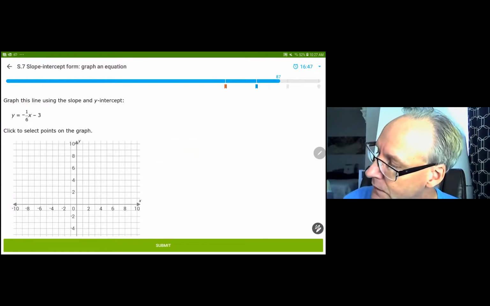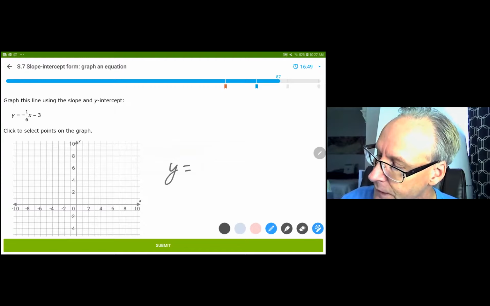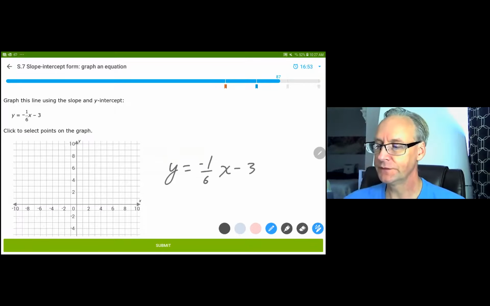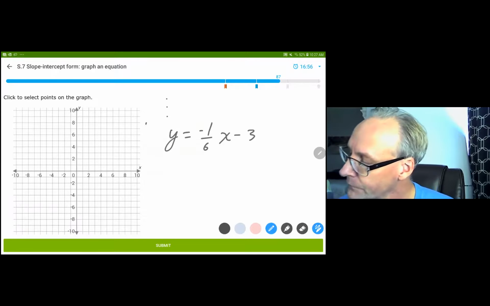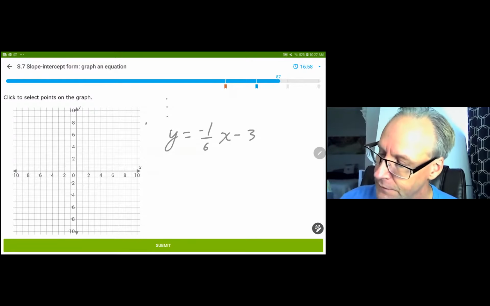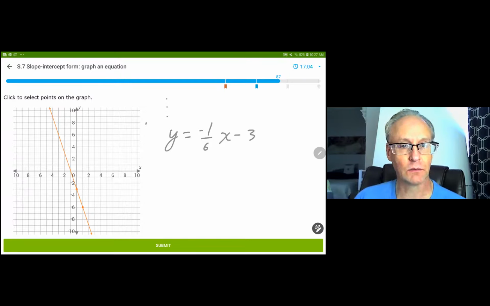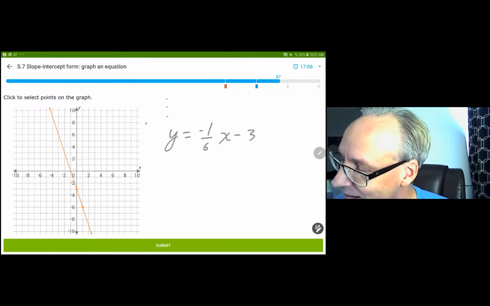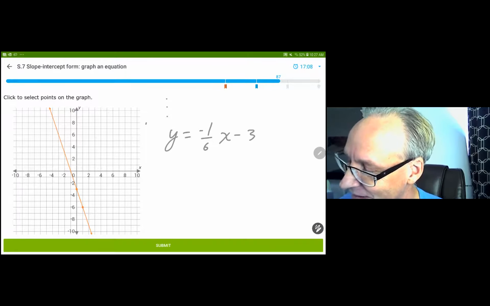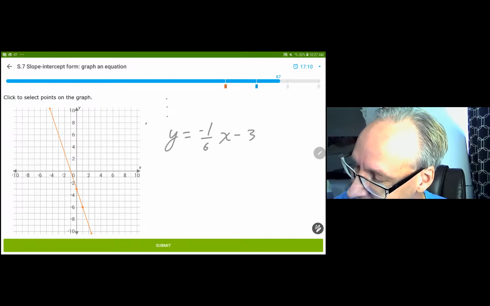This time we have y equals negative 1 over 6x minus 3. So I'm going to go through 0, negative 3. 0, negative 3 is there, and then I'm going to go down 3 and over 1, and I'm done. That's all there is to it. Oh, sorry. Go down 1 and over 6, and that's all there is to it.